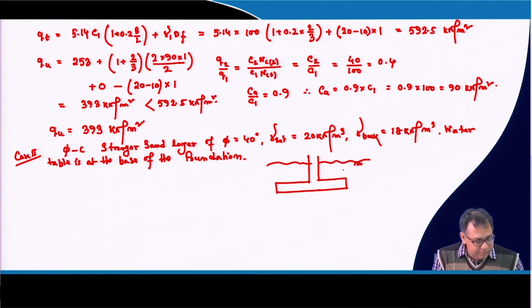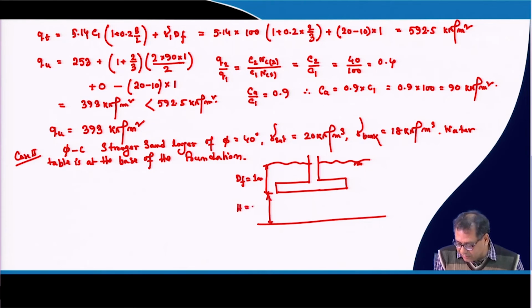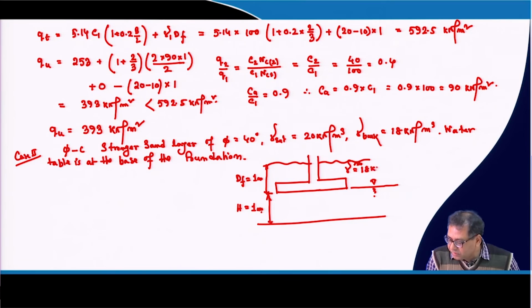So, this is your ground surface, obviously the same problem we are taking. Your dF is equal to 1 meter and this is the interface between the first layer and the second layer, where h is equal to 1 meter, and water table is at the base of the foundation. Here the unit weight is 18 kilonewton per meter cube and the saturated unit weight is 20 kilonewton per meter cube.